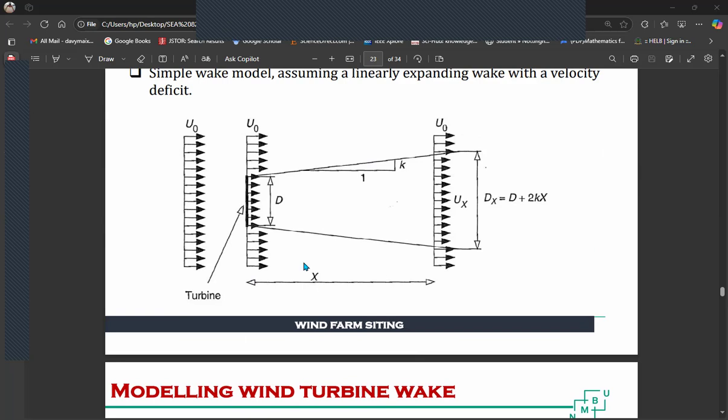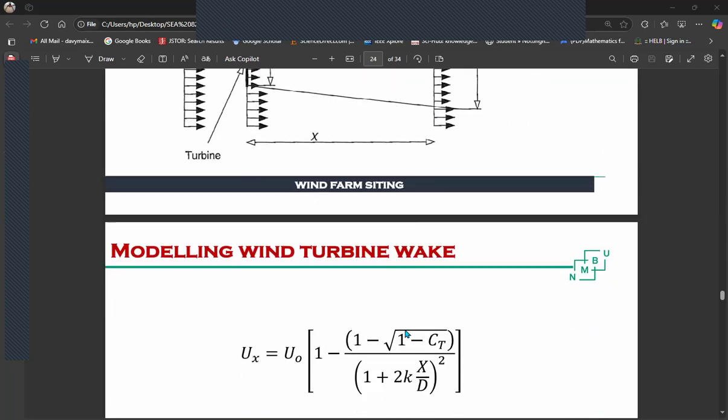So if you're given X in diameters, which is the distance between the two turbines, for example, if you have the distance between the two turbines being 5 diameters, we shall just write here 5D.